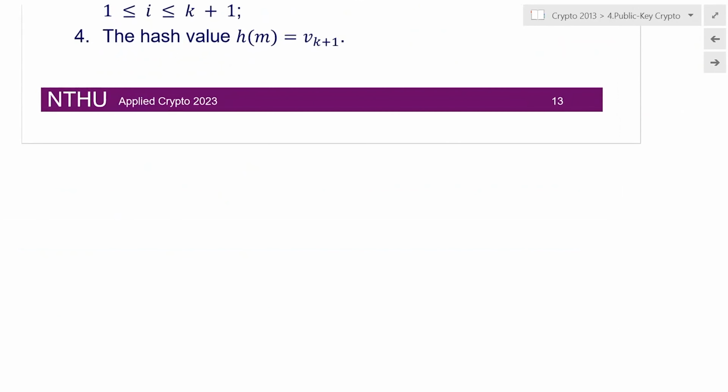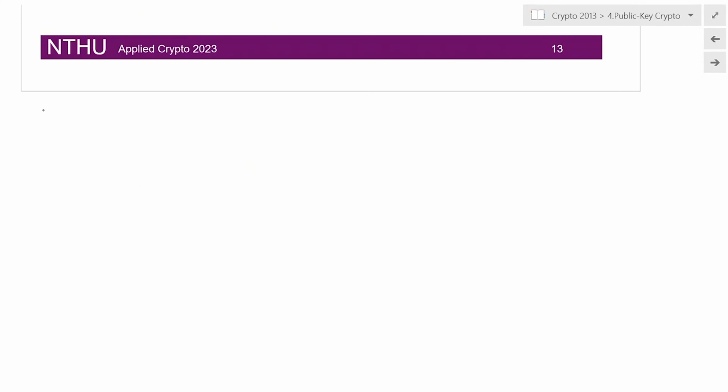So I would rather show with some graphics how this algorithm works. The step number 1 was padding, right? So we get the M, we do padding. We chop it and turn it into M tilde, that is equal to M1, M2, M3, all the way to Mk and Mk+1.